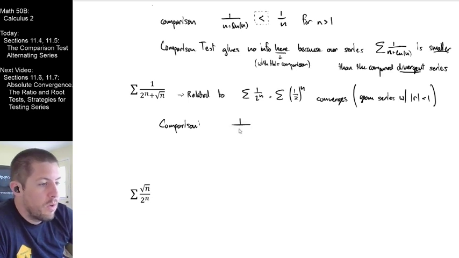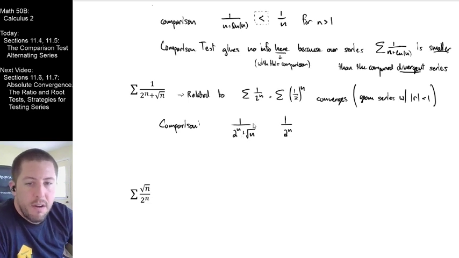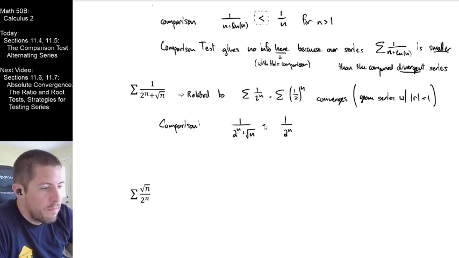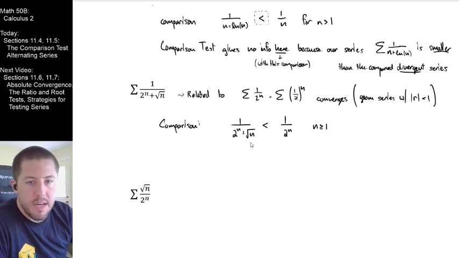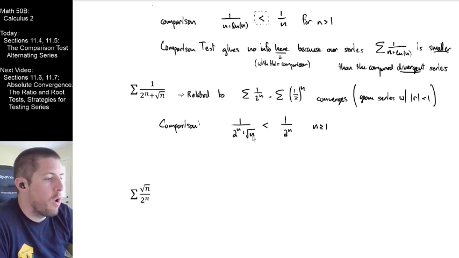how do they relate? 1 over 2 to the n plus root n, and I want to compare that to just 1 over 2 to the n. Well, clearly this one is always going to have a larger denominator, therefore it's always smaller. And that's going to be true for all n greater than or equal to 1, right? Even when n is 1, this has one additional value in the denominator, and therefore it's a smaller overall fraction.